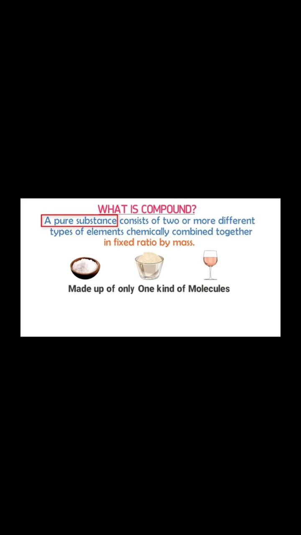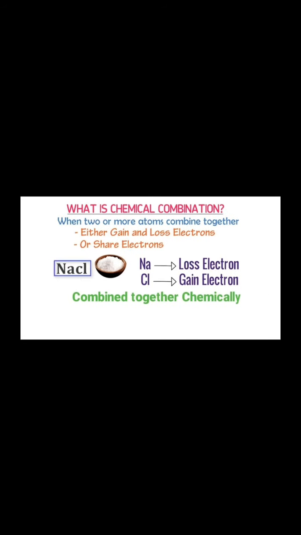In the definition of compound, you have a phrase, chemically combined together. Let me explain the phrase with an example. When two or more atoms combine together due to either gaining and losing of electrons or sharing of electrons, chemical combination occurs between atoms.